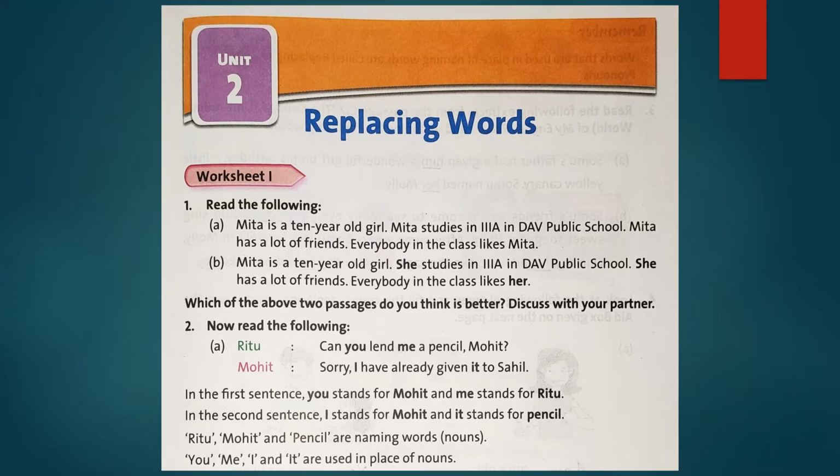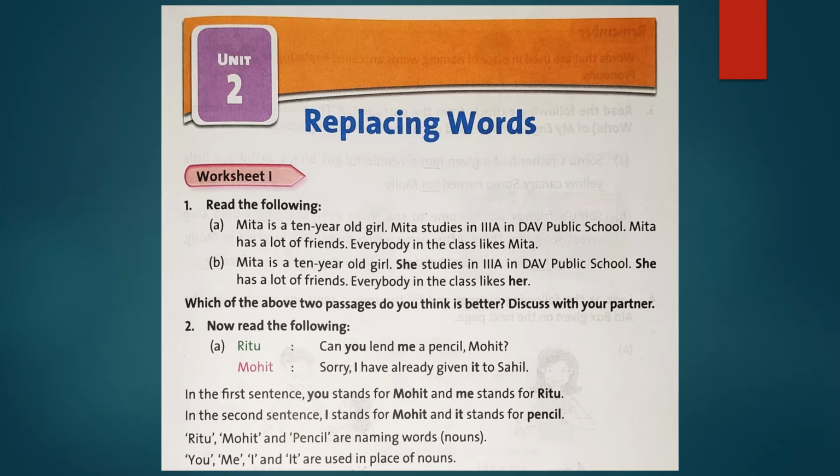In the first sentence, you stands for Mohit and me stands for Ritu. Okay, children. Can you lend me a pencil: Ritu is asking Mohit. So instead of Mohit, you is written, and instead of Ritu, me is written.